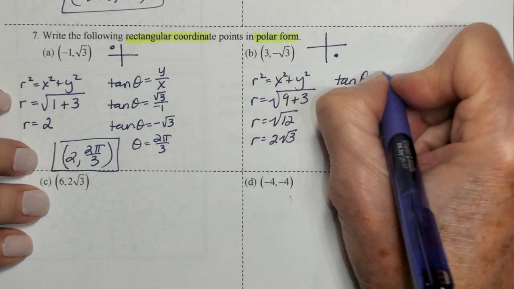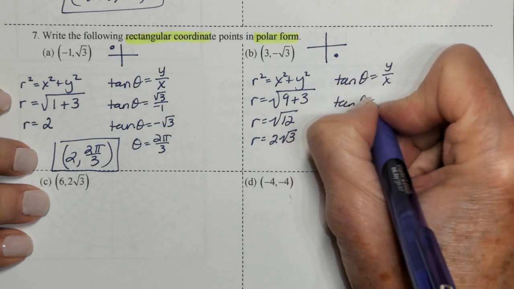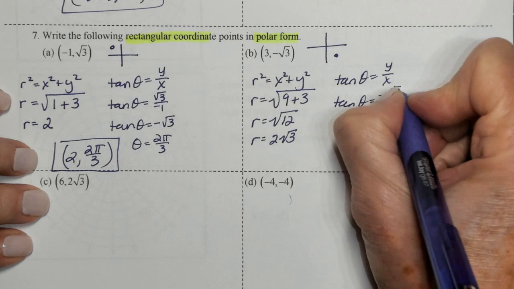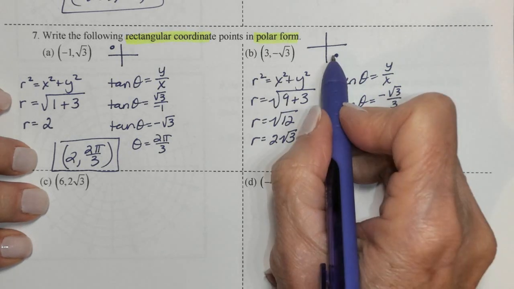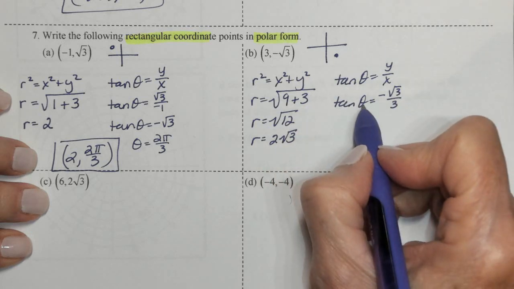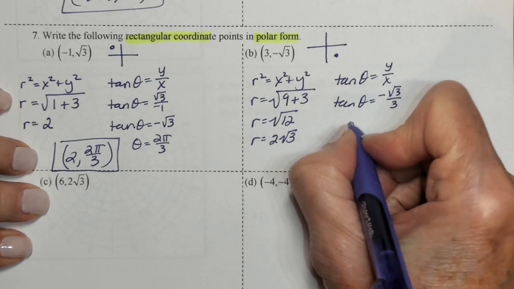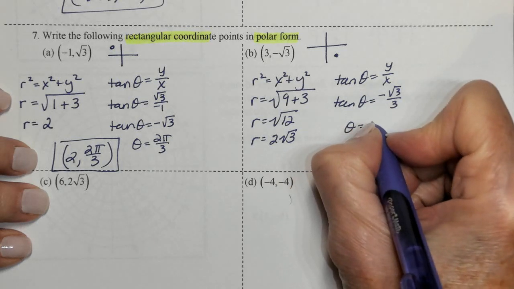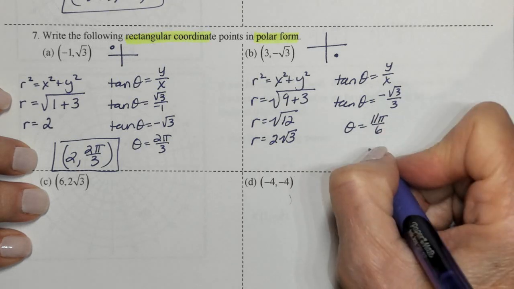Tangent of theta is y over x. So tangent of theta is negative square root 3 over 3. Okay, in quadrant 4, what theta makes tangent negative square root 3 over 3? That would be 11 pi over 6, or negative pi over 6.